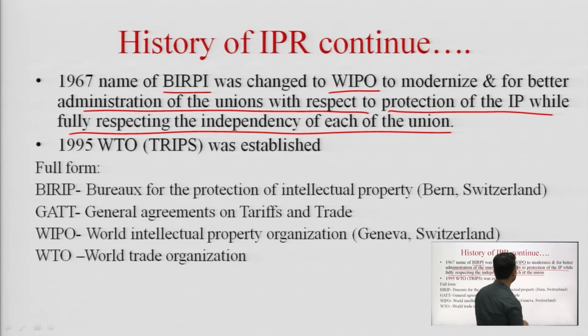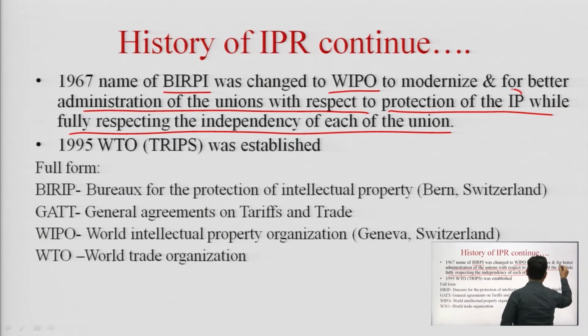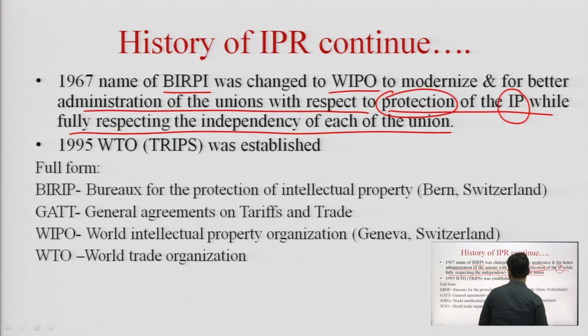So, the name WIPO was coined in 1967 to modernize and for better administration of unions with respect to protection of IP, intellectual property. It means they further provided protection of IP across those countries while fully respecting the independence, that is, the independence of the innovator was kept secure at each union.